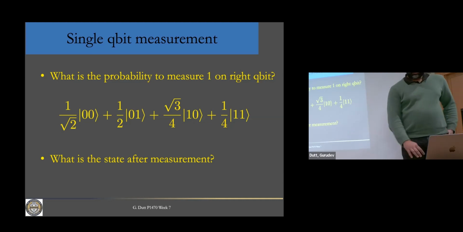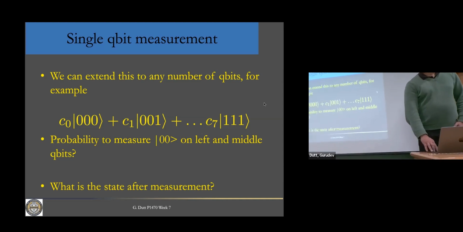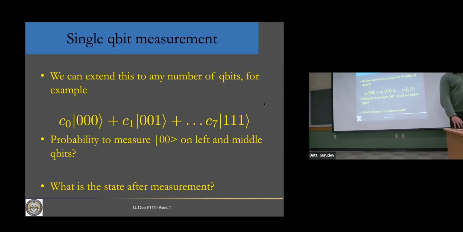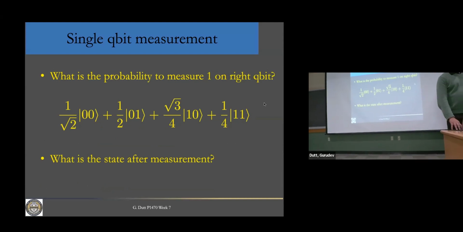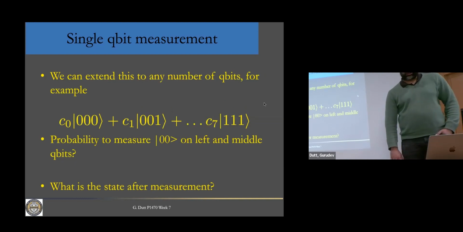I hope you understand what to do now. Everybody is okay with that? Do you need me to go over it for 0 and 1 on the right qubit instead? If you do, there's no problem. I'm not hearing any requests, so I will move on. Feel free to ask me later.